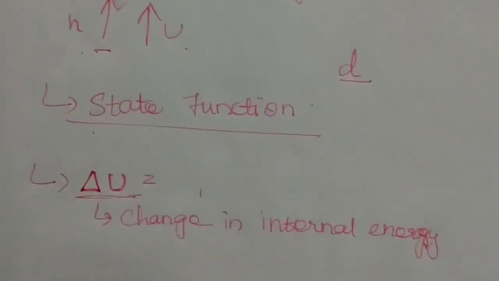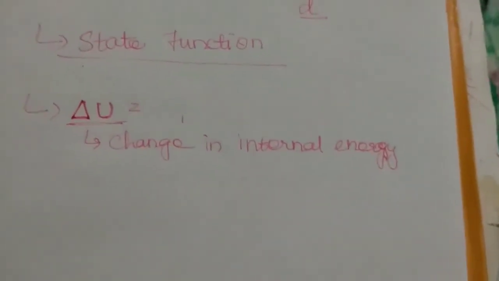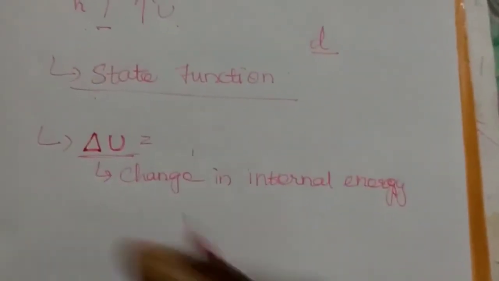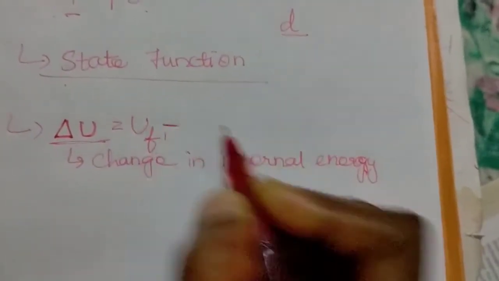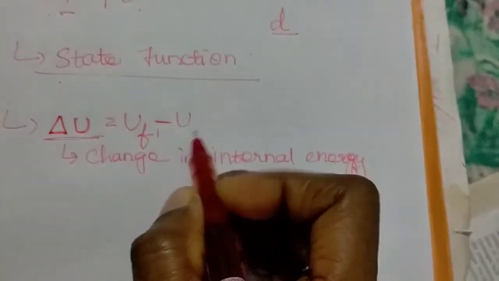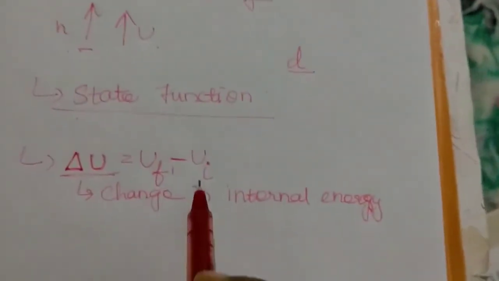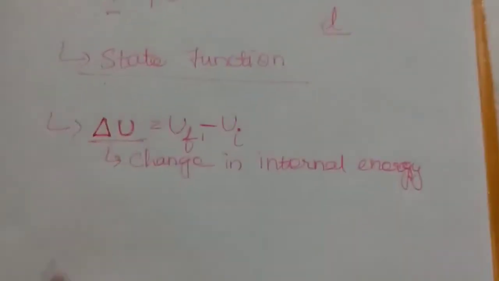How to find out delta U? To measure the change happening in the internal energy, we subtract the internal energy of the initial stage from the internal energy of the final stage.